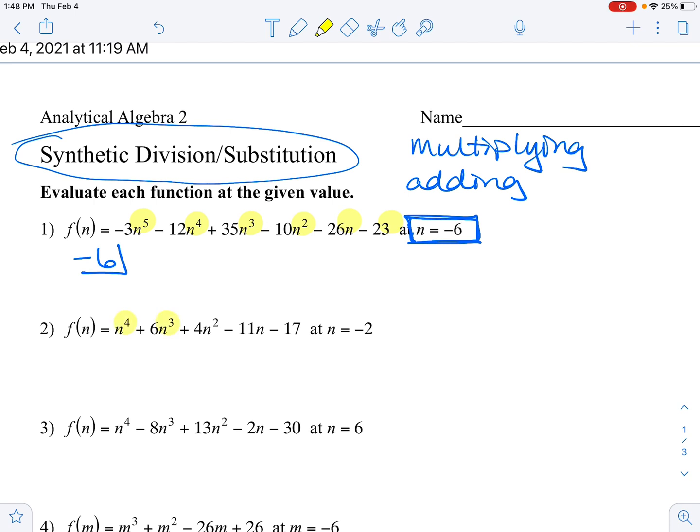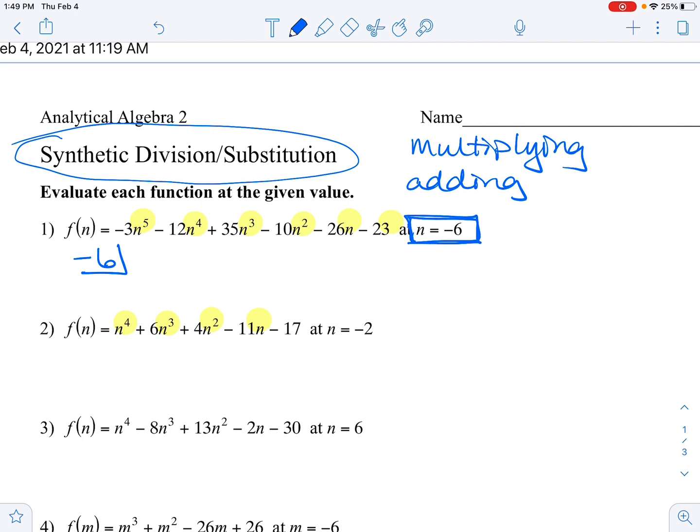Perfect. 4, 3, 2, 1, nothing. Okay, great. You have to make sure that if there is a term missing, so let's say I didn't have this 35n to the third, that you add in a missing term of plus 0n to the third. Now, none of the problems on this paper have to do that, so we're lucky with that piece, but keep that in mind as you're doing it.